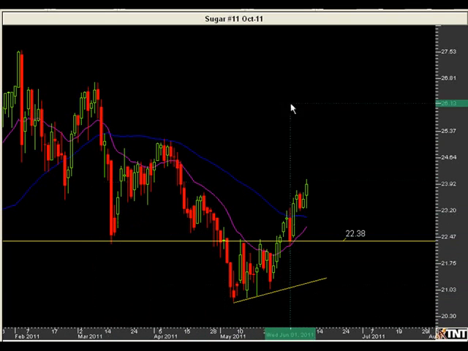I would look for 2 moves to the upside, and then possibly the market to recover the trend and head back to the downside. Now, of course, all that is subject to what prices are currently doing, and these are really just general rules of thumb. Nothing in trading is written in stone, but it's something to keep in the back of your mind.